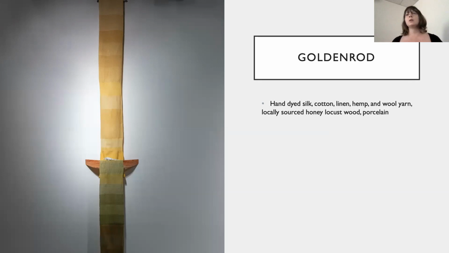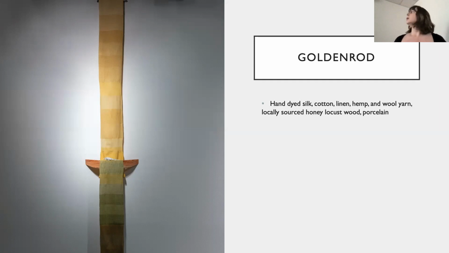But then, especially with last year's dry fall, I really started to notice there were so many other kinds of goldenrod. And so the variations in yellow in this weaving actually come from the use of different fibers. So silk, cotton, linen, hemp, wool, and all of those take the same dye differently, and so you get these differences in color.